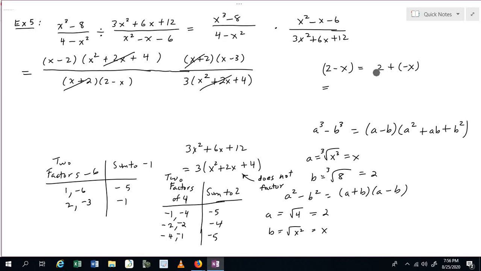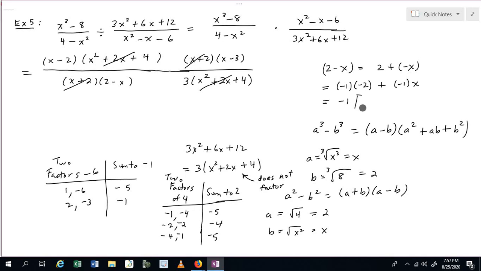I'm also going to write the 2 as negative 1 times negative 2. That's equal to 2, right? And then I'm going to write this negative x as negative 1 times x. Negative 1 times x is still negative x, but the reason I'm doing that is so I can factor out this negative 1.